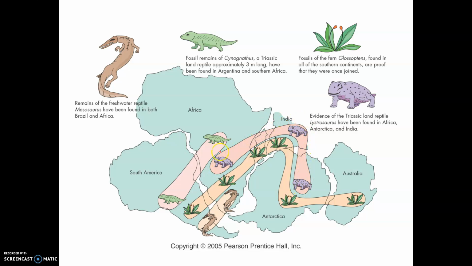Again, all these different species have been found in places that are no longer next to each other because of that continental drift. But we know they once were, because it would have been impossible for those animals or plants to have survived crossing giant oceans.